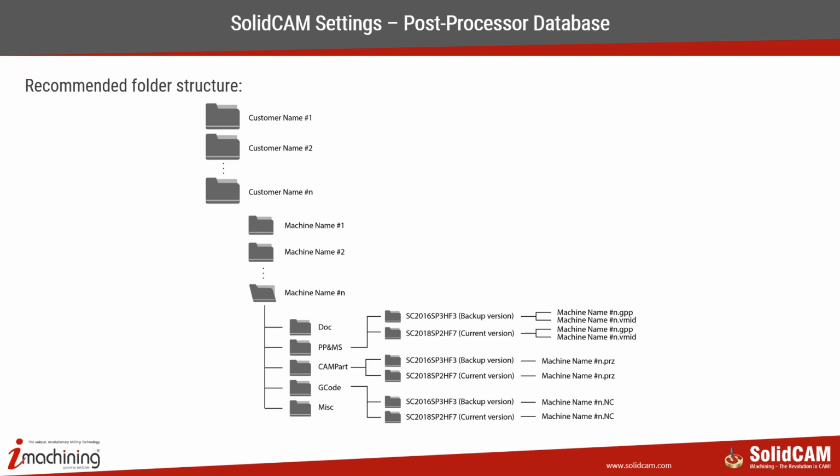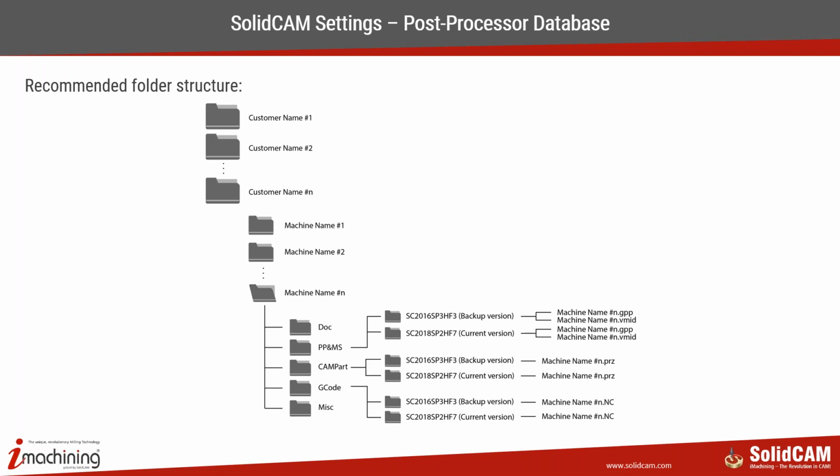And in the machine name, you have for each machine its documents, post processor and machine simulation, COM part, G-code, and a miscellaneous folder. Documents folder houses all the data that you used to develop the post processor, so programming manuals and stuff like that.